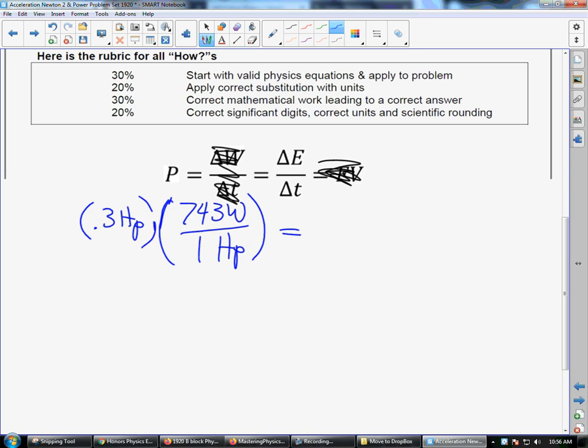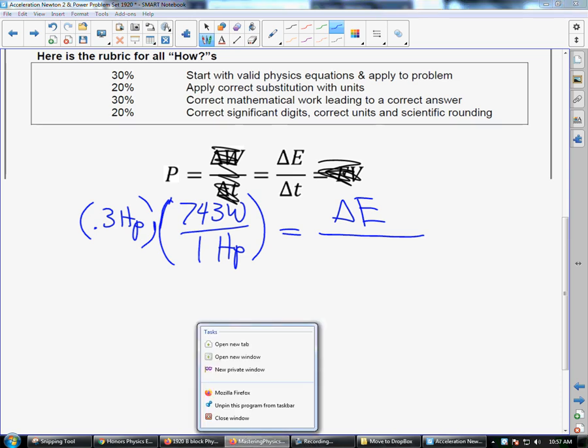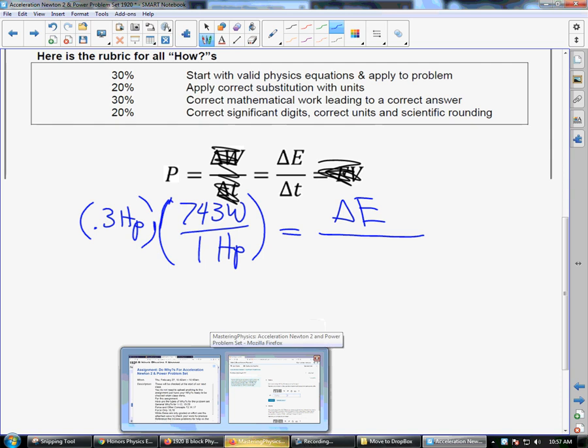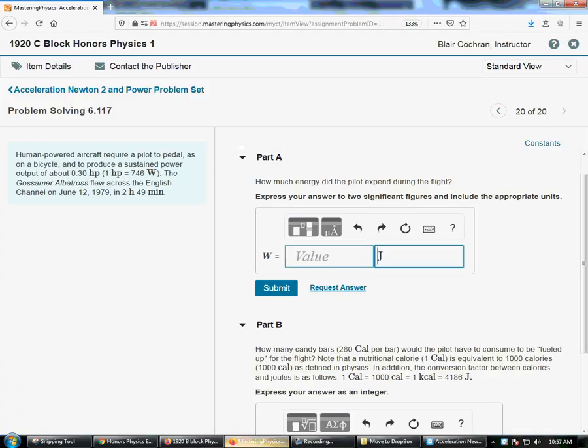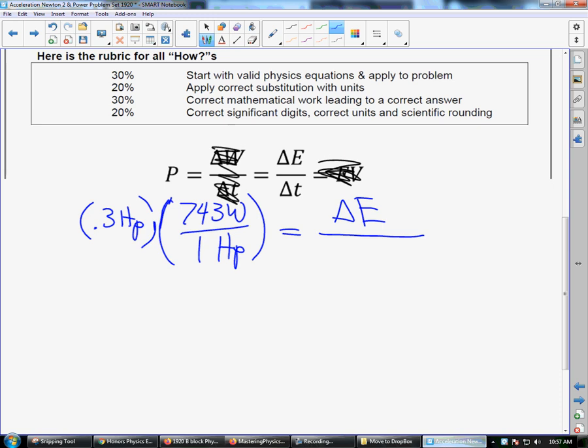And then I want to know my energy, and I'm going to put that over my time, and I need to do that conversion of my time. I'm told my time is 2 hours and 49 minutes. So that's going to be a pain to convert. You know what I might do? I might take the shortcut.